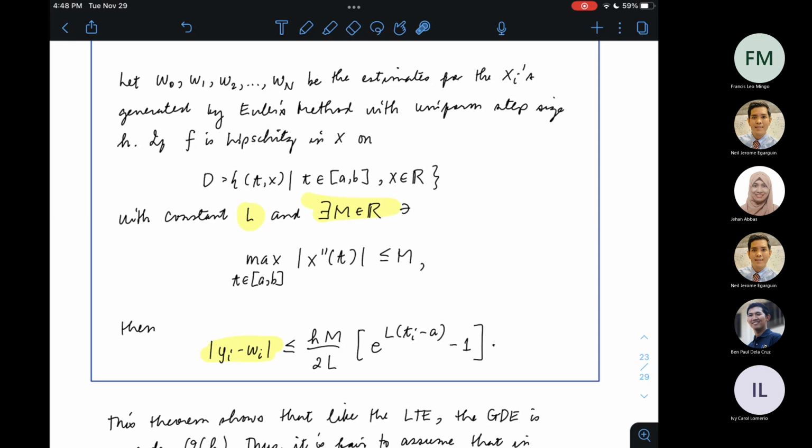Lipschitz na siya, so well-posed na yung aking problem. So I should not worry about H being very, very small, having a big impact on the solution, or the error will blow up kasi sobrang liit ni H, kasi inassume ko na kagad na si F ay Lipschitz. Alright? Pag si F ay Lipschitz, guaranteed na well-posed yung problem.